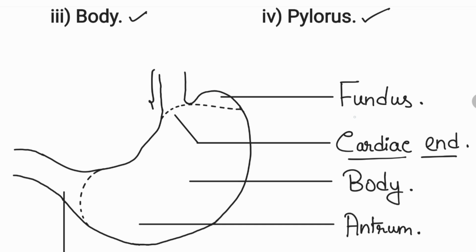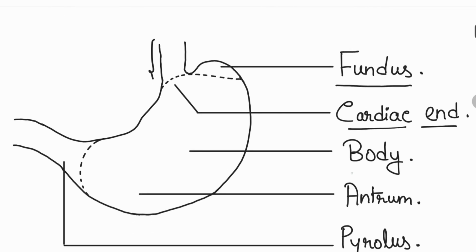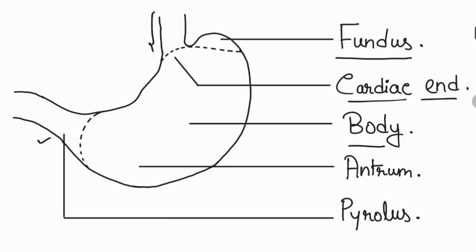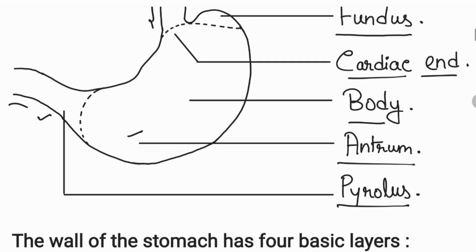After that, this notch is the fundus. After that we come down and this is the body region, and where the stomach is ending and the duodenum is starting, this is the pylorus region. And an important thing: this part is the antrum region.